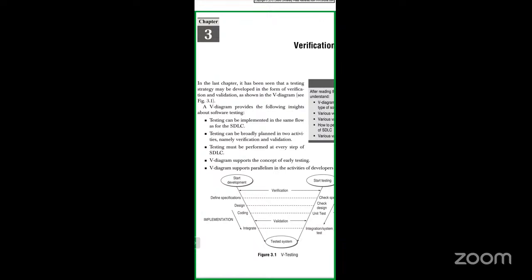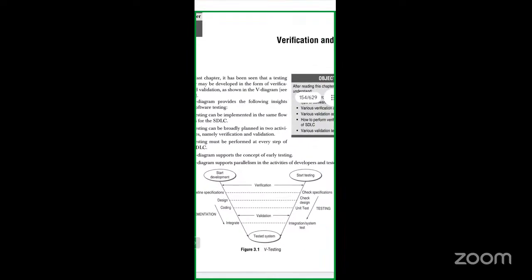That is, start development will be on one side, start testing will be on the other side, and both will be reaching the tested system. So in the V shape, that is in verification, we call it V testing.